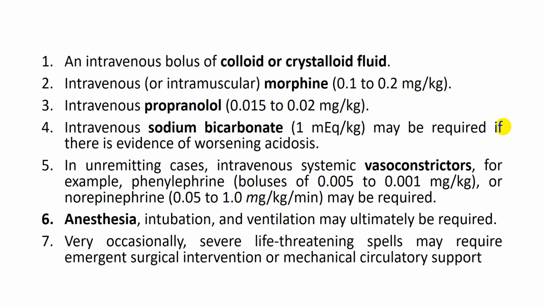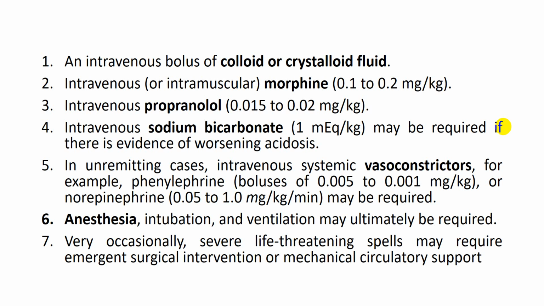Number one, an intravenous bolus of colloid or crystalloid fluid. The aim of the fluid here is to maintain intravascular volume and to increase the venous return to the heart, and that enhances pulmonary circulation.